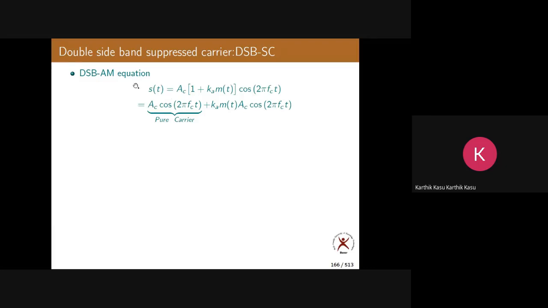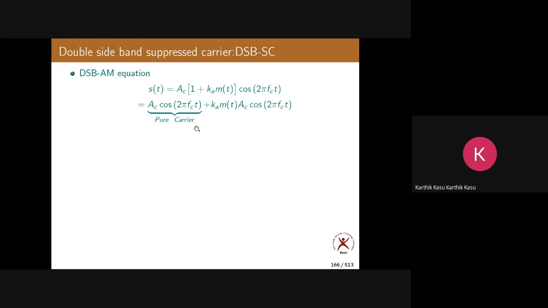Now let us take DSB-AM. DSB-AM stands for AM only. So this is the signal we have. Are you with me? From this AM signal, I am removing this term. What term? AC cos 2 pi FCT.